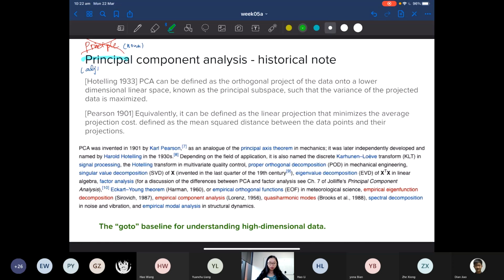So here's what Wikipedia says. In 1901, it was articulated by Pearson as an analog of the principal axis theorem, and then it was later independently developed by Hotelling in the 1930s. Depending on the field of application, it's also called the Karhunen-Loeve transform, KLT, in signal processing, the Hotelling transform, the proper orthogonal decomposition in mechanical engineering, and it's closely related to singular value decomposition.